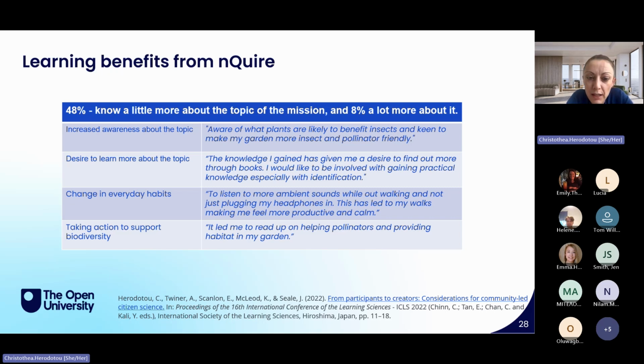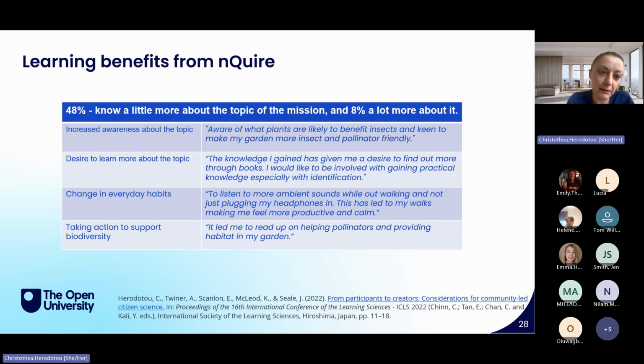So this was about ambient sounds while walking out in the forest. It focuses more on the sounds of nature, and this made that participant feel more productive and calm.